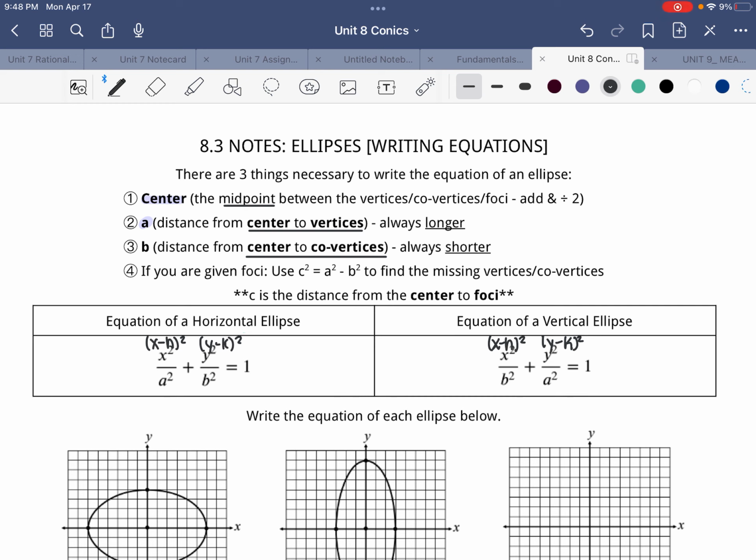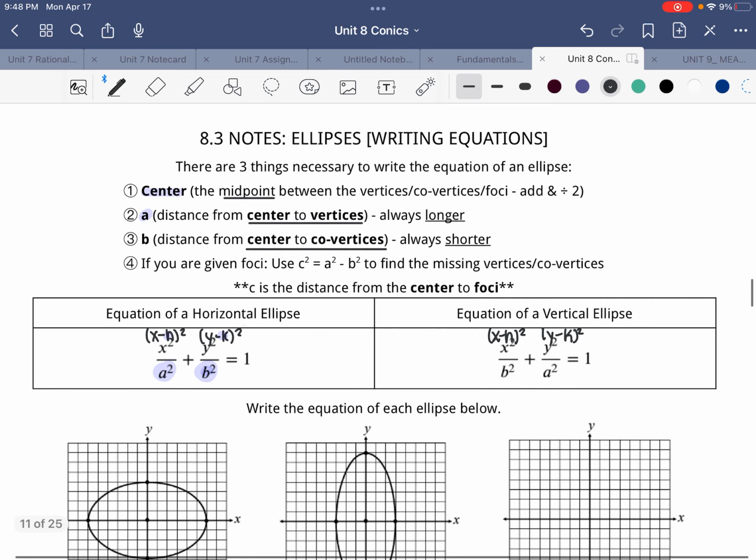We need three things because we need to decide what A and B are. A and B are the only two letters that we really have to figure out for this formula. That and the center. So A, B, H, and K. And then you just plug them all in. Just remember that A is always bigger and goes underneath the variable that is that far away from the center.